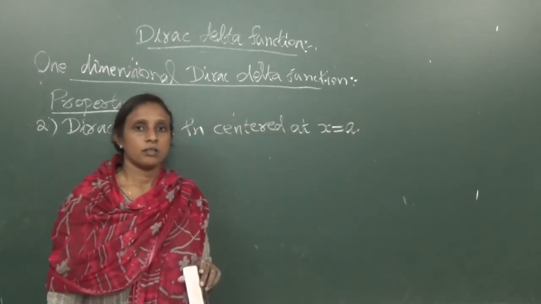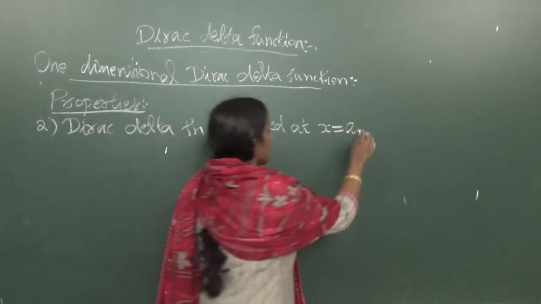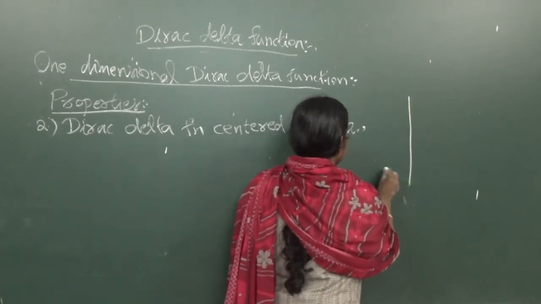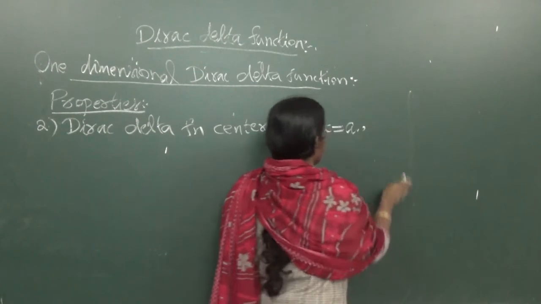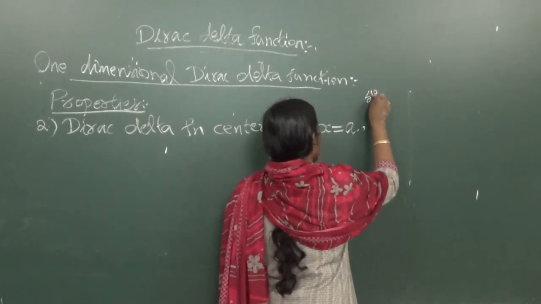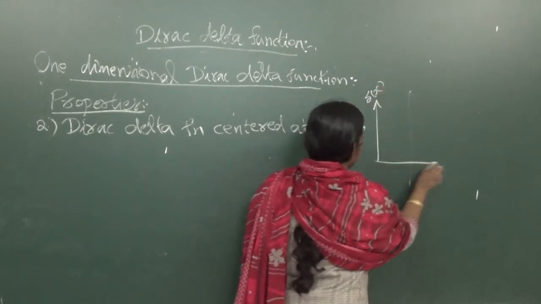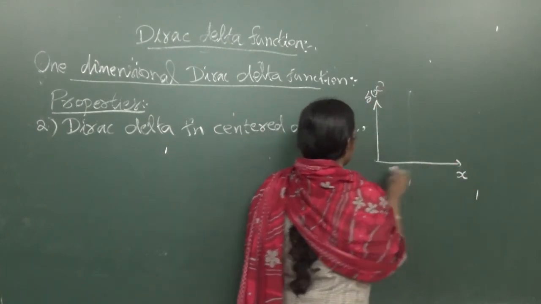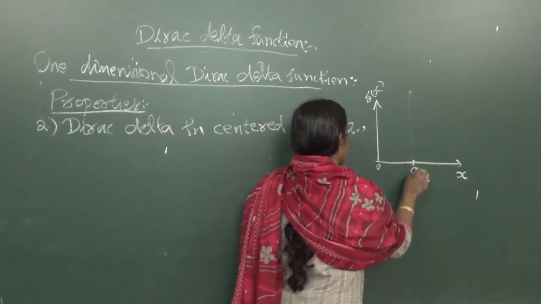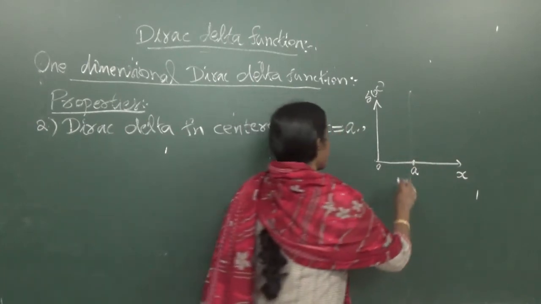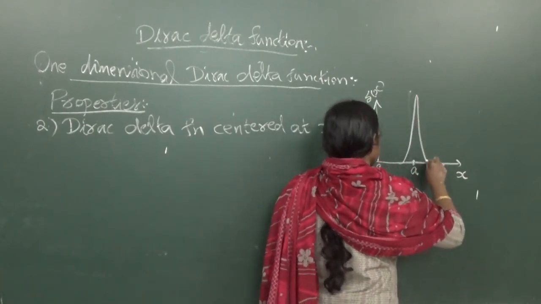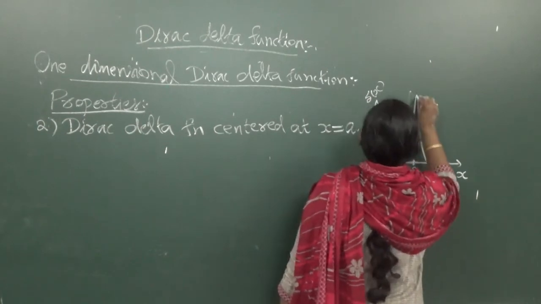That means the Dirac delta function looks like this. Suppose this is delta of x plotted along this direction, and this is x equal to 0. At this point, this is x equal to A, and our Dirac delta function is like this.